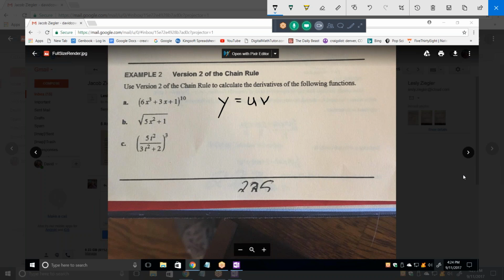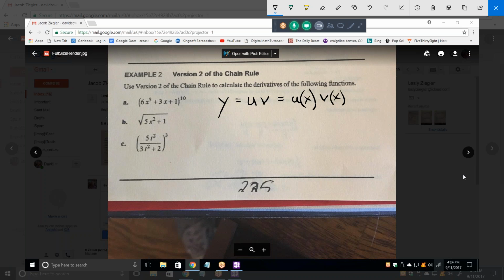Okay? If I have U times V, this really could be stated as U as a function of X and V as a function of X. In other words, you have 2 functions that are multiplied together.